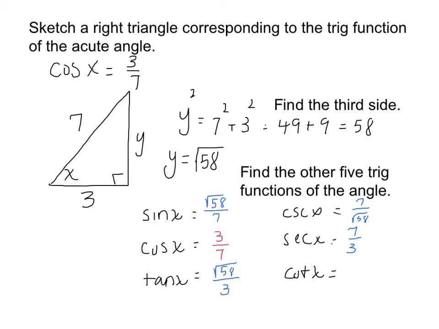That's probably sufficient for what we need to do, but you could always rationalize it if need be. Once you get used to rationalizing, it doesn't take that much. And then this is 3 over the square root of 58, which is the same thing as 3 square root of 58 over 58.